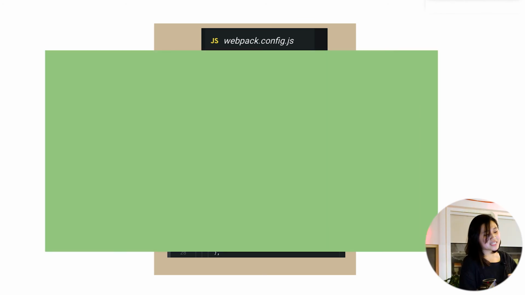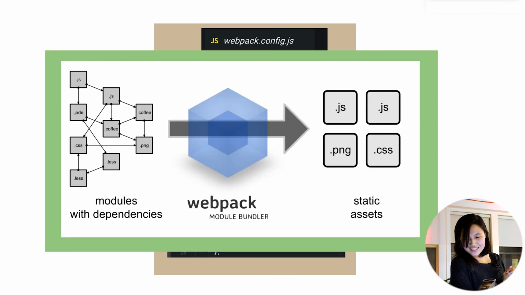And so what webpack does is it takes a bunch of your modules, where webpack thinks that all of your files are kind of like modules, like JavaScript, CSS, and converts them into JavaScript, CSS, etc. files. So the hope is that the JavaScript files that are made can just be src'd in the script tags.